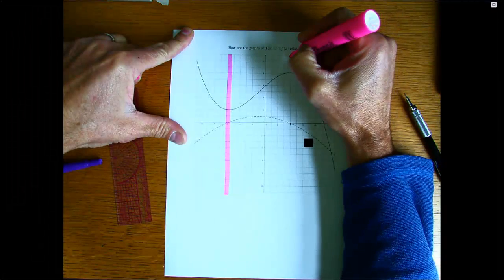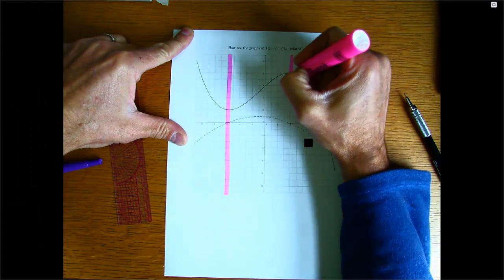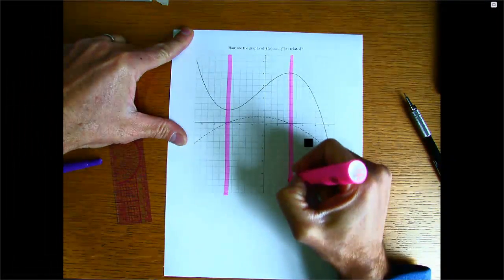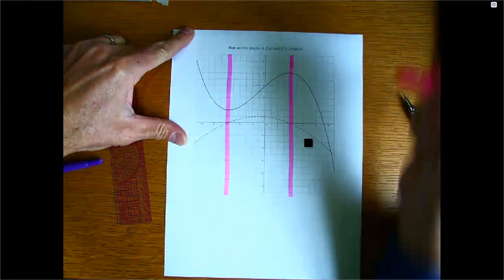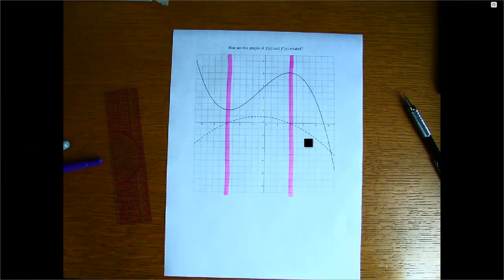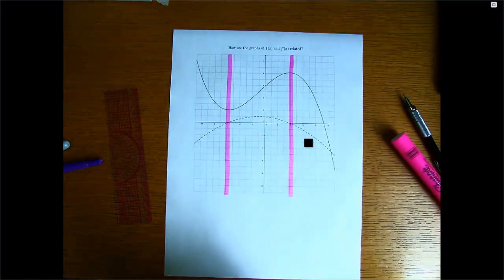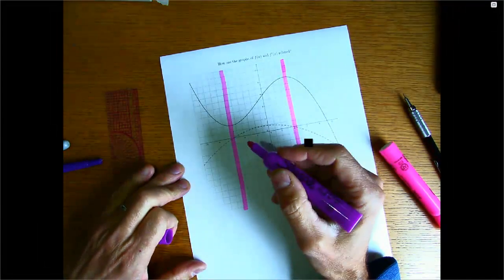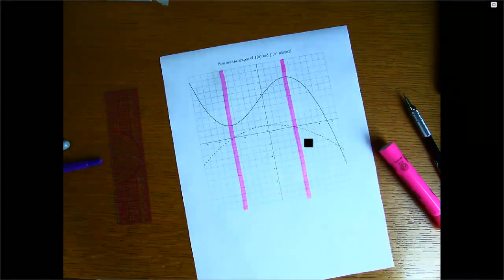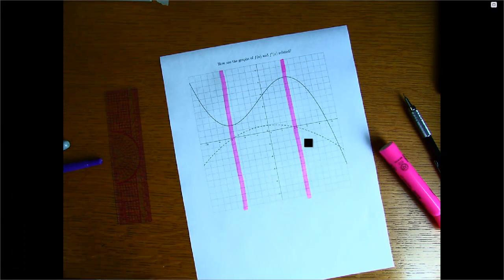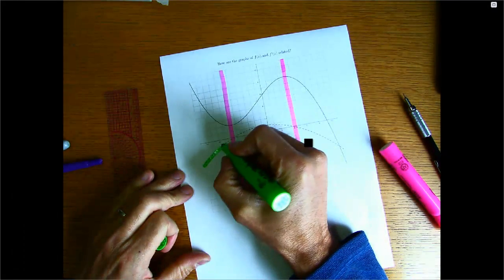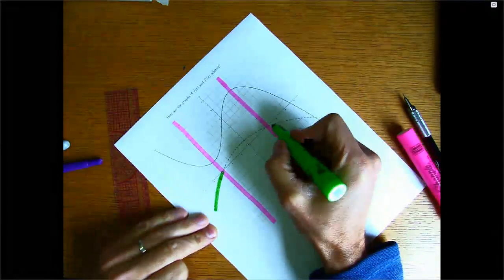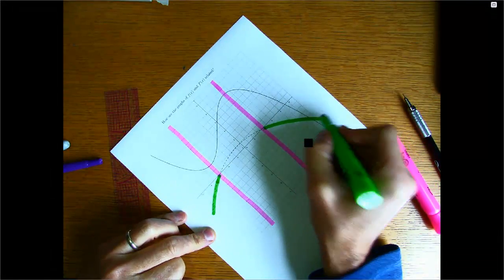At the point roughly x equals 4, somewhere in that neighborhood, we have two different pieces of the graph that we can think of. Let's do green in here, and we'll do green out here as well.